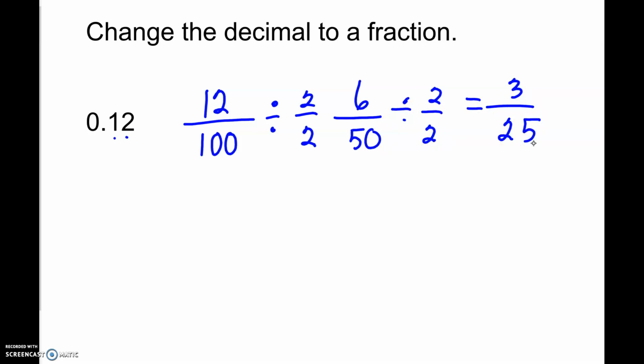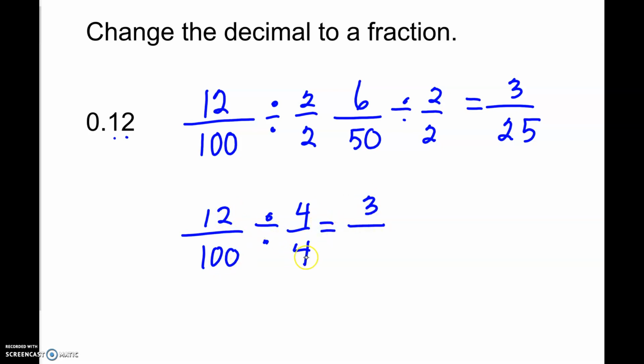So the simplified version is 3/25. Now, some of you maybe have realized right away that we could have just divided by 4. So 12 divided by 4 is 3, and 100 divided by 4 is 25. So whether you reduce in 2 steps or in 1, you still are going to get the same answer of 3/25.